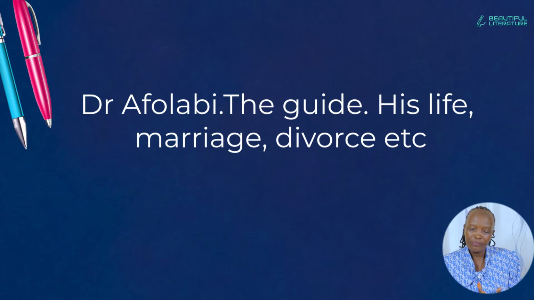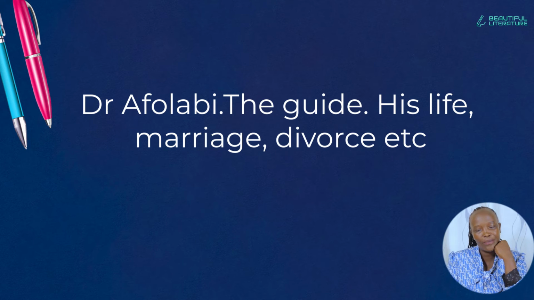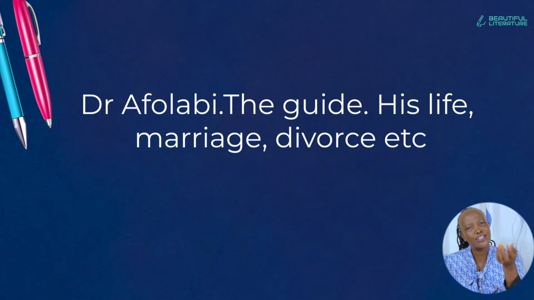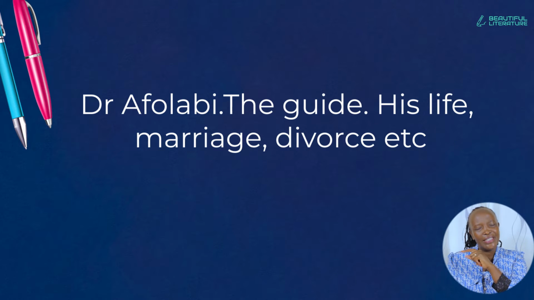We also have Abiola Afolabi, who is a major character in this text, and we see him today as the guide, one who is helping the observers. But before that, we know that he's coming from somewhere: Abiola was married, he had a wife called Pamela, and we are told exactly what happened to his family. He had no children. How did he end up there?